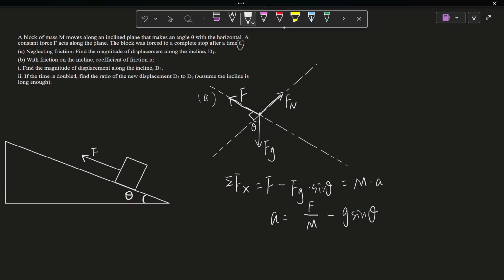After a time t. So x is equal to v naught t plus half a t squared. Let's assume the block is at rest initially. Yes, it is at rest at initial state, so x is just equal to half a t squared.